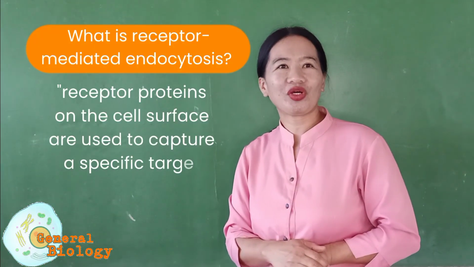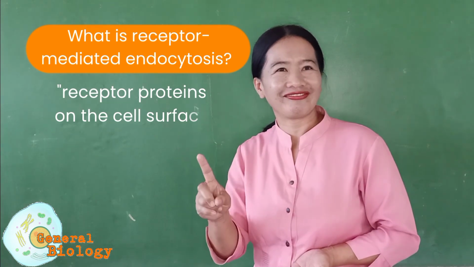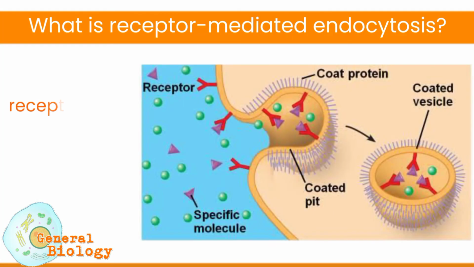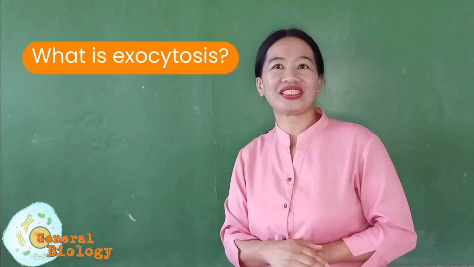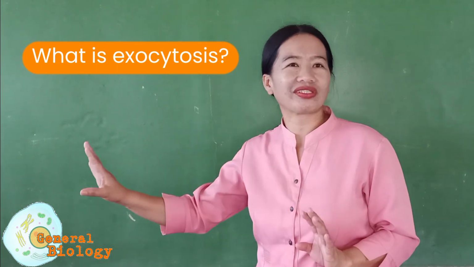Finally, receptor-mediated endocytosis is quite selective. When external receptors bind a specific ligand, the cell responds by endocytosing the ligand. If endocytosis is bringing into the cell, what about exocytosis?